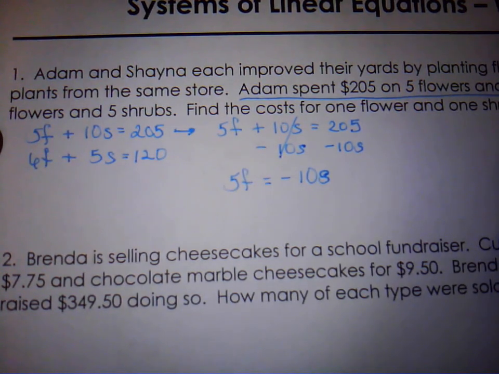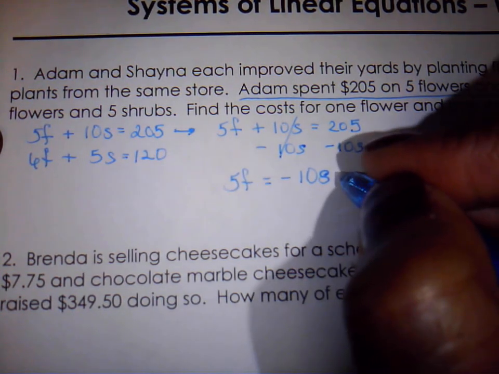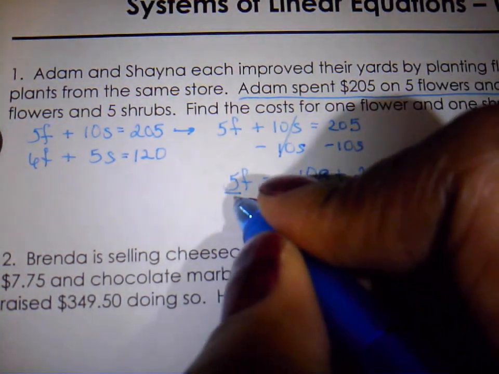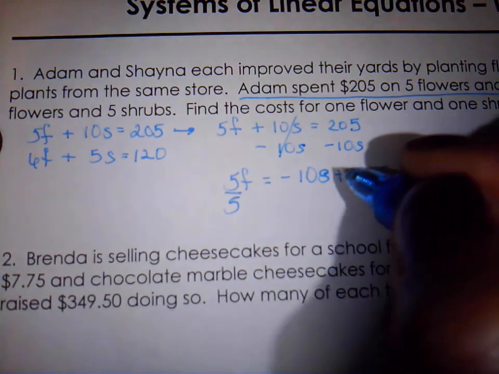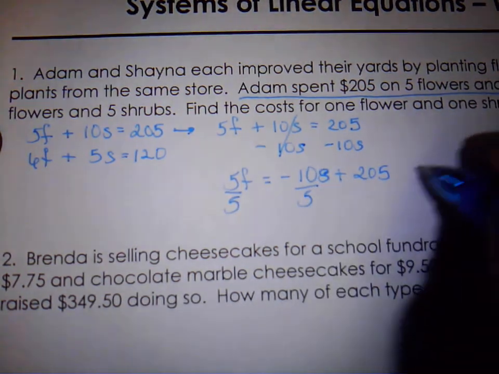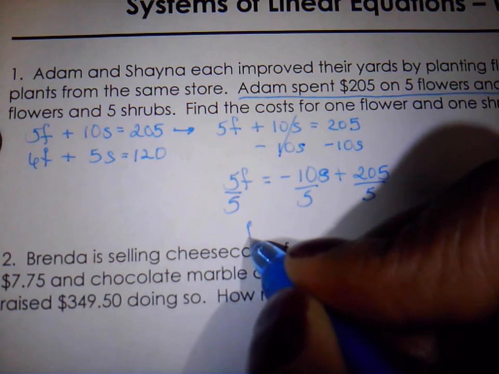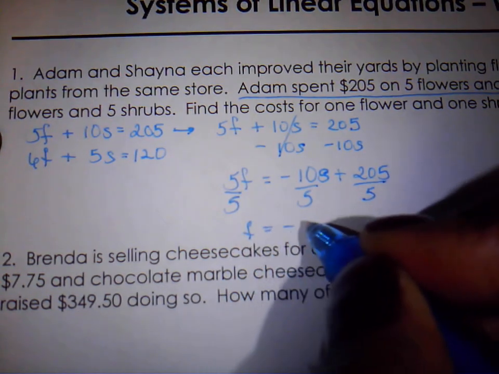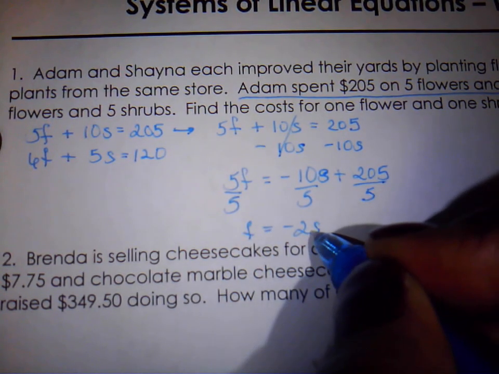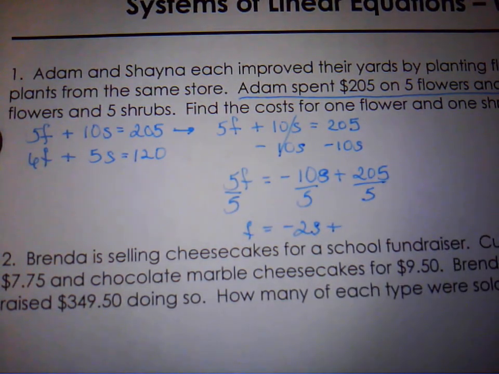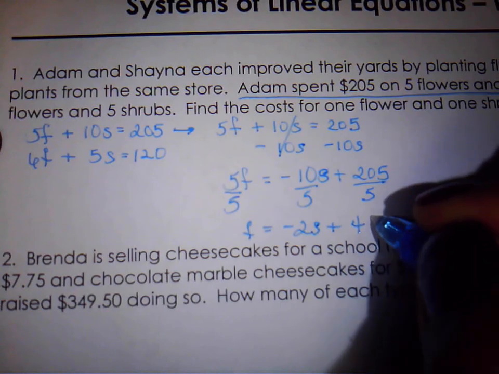Is that better? Now I'm going to divide everything by 5, right? And so finally I'll have F is equal to negative 2S plus, what was that, 41?